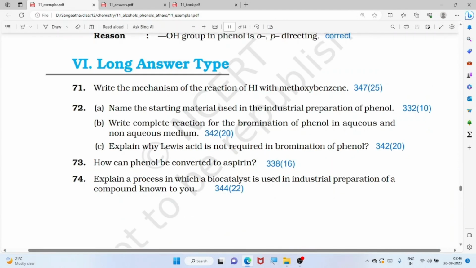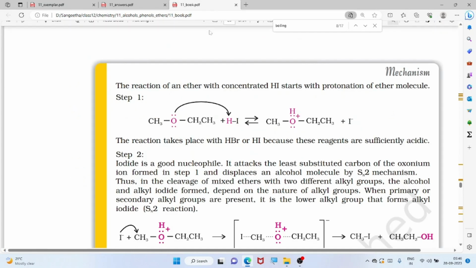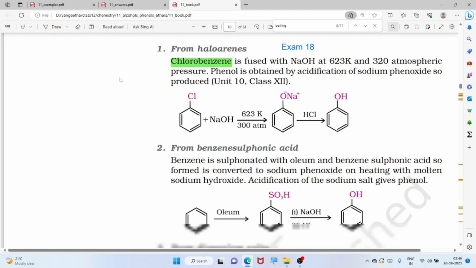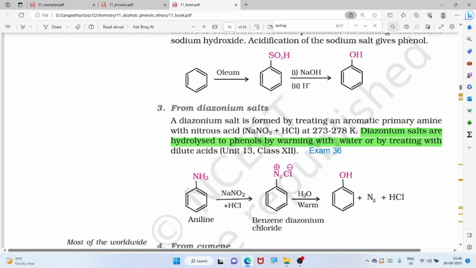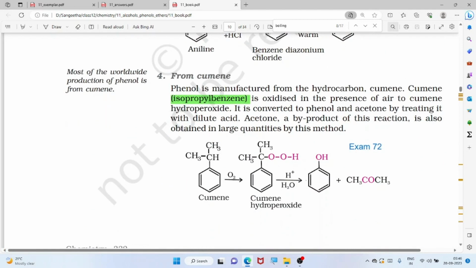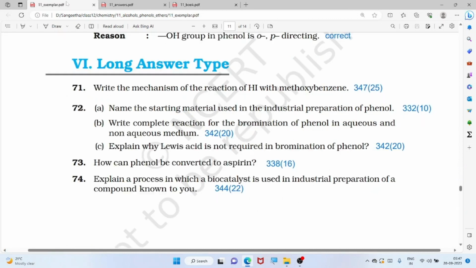Name the starting material used in the industrial production of phenol. So this is the industrial production of phenol. Okay, cumene. Write the complete reaction for the bromination of phenol in aqueous and non-aqueous medium.